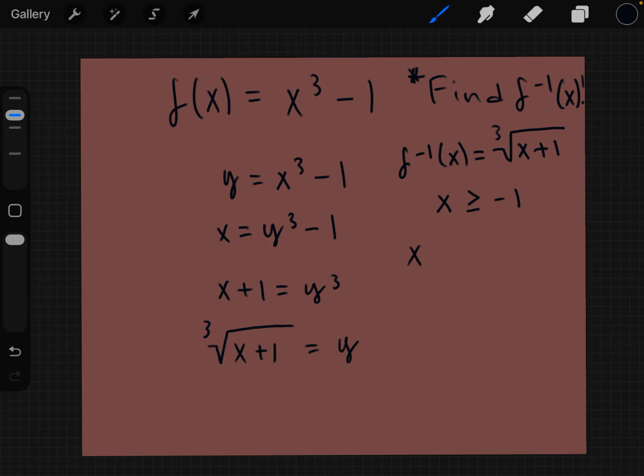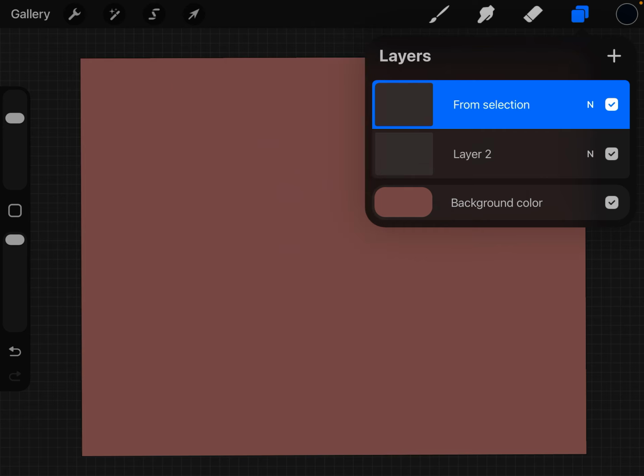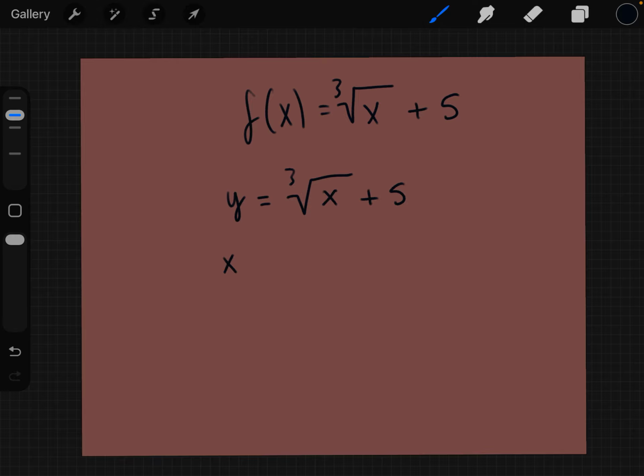And then it says to graph it, but I'm not going to graph it. You would just do what we did earlier. You would plug in x values into f of x, find those values, and then swap them to get your inverse values, and then the graph. Like we did earlier. And here's another one. Okay. Turn f of x into y. Swap y and x.